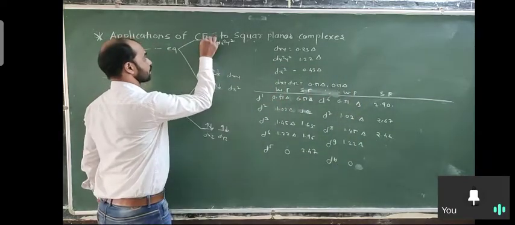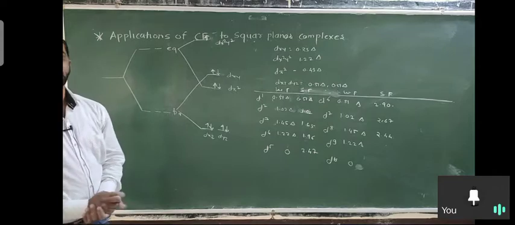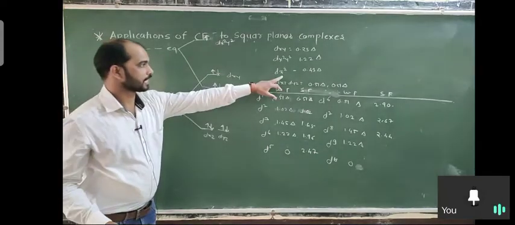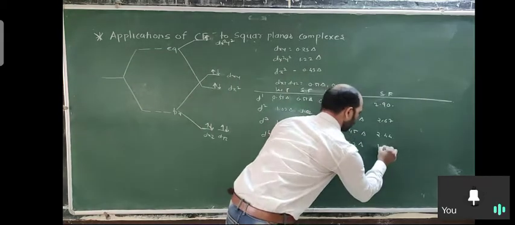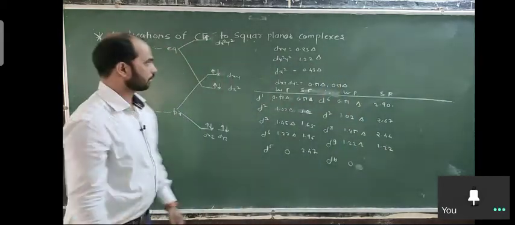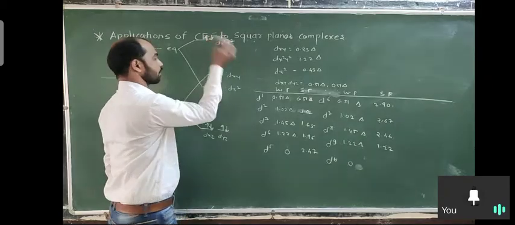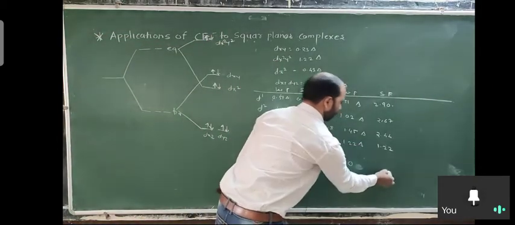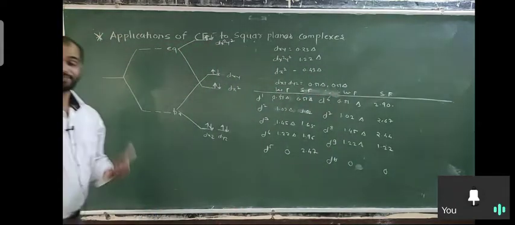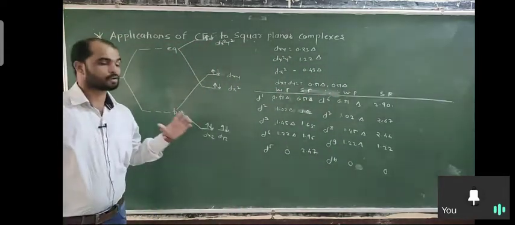Then the ninth electron is here. What is the energy of x square y square? 1.22. So minus 1.22, just 1.22 remains. And the last electron here, again 1.22 is subtracted from the last one. So again here it is 0. So this is the CFSE of square planar complexes.